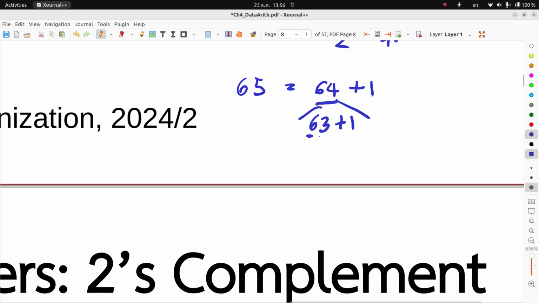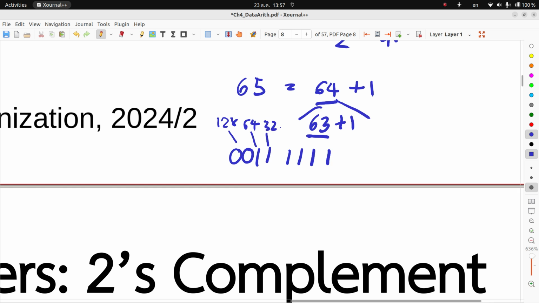So what is 63? 63 is 0, 0, 1, 1, 1, 1, 1, 1. Right? This is 128. This is 64. This is 32. Oops. No. I put the wrong 64. This is 32.